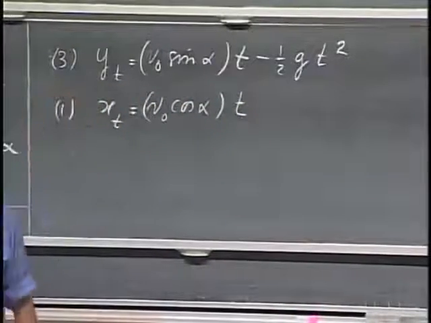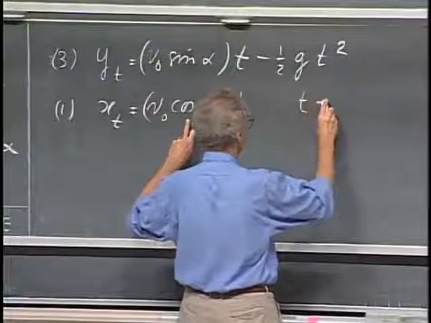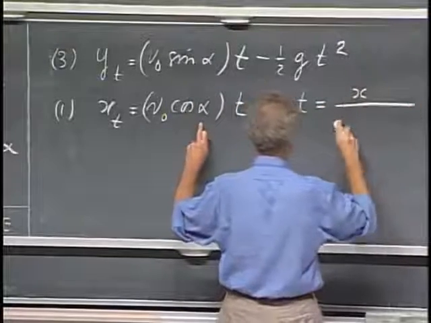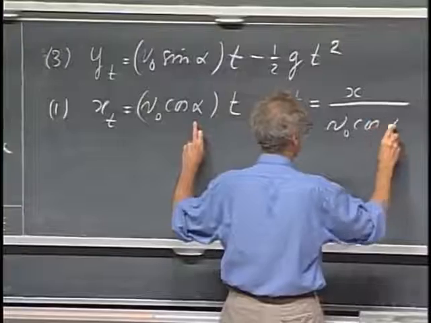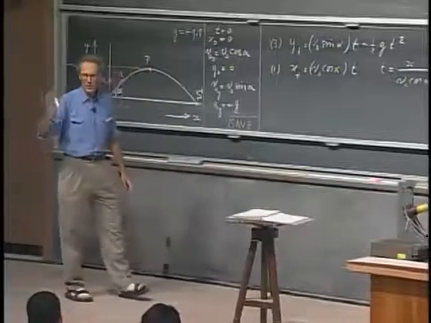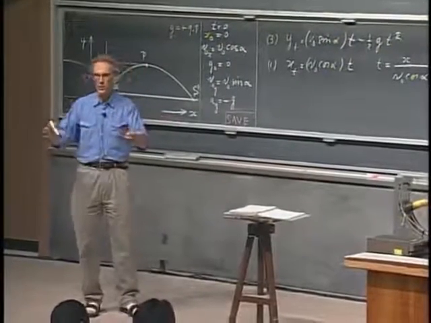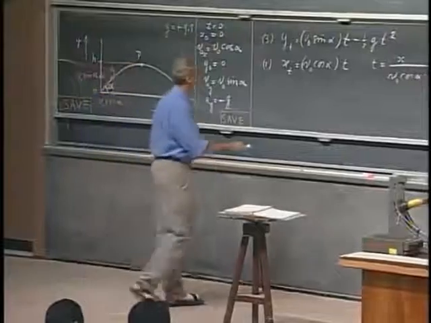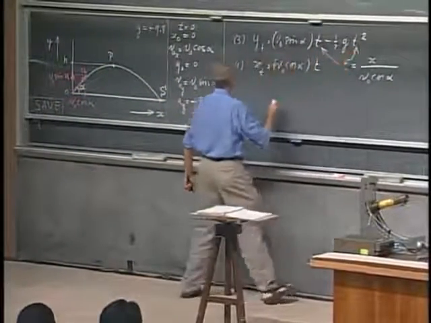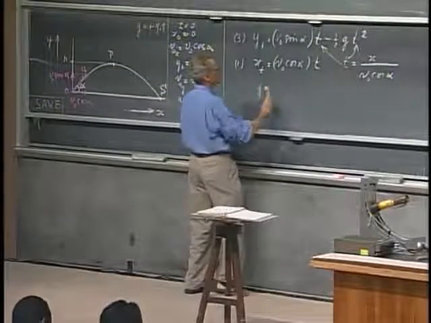Now I eliminate t, and the best way to do that is to write for t: x divided by v0 cosine alpha. Now I can drop all subscripts t, because we're now going to see y versus x. We're going to eliminate t. So I'm going to substitute this time in here and in there, and so I'm going to get y equals.